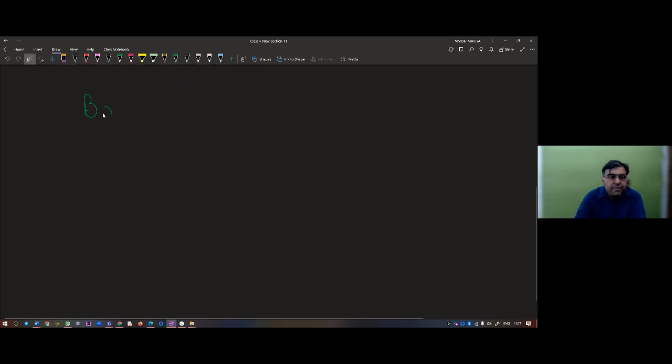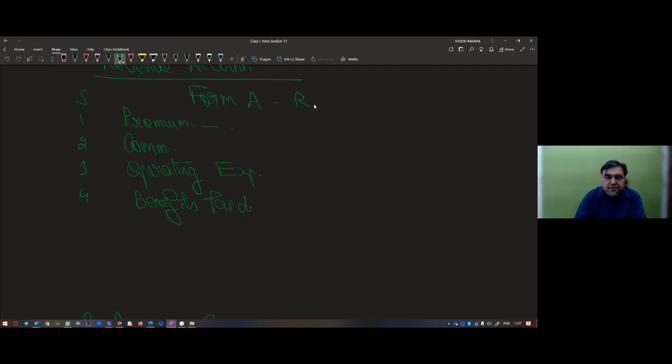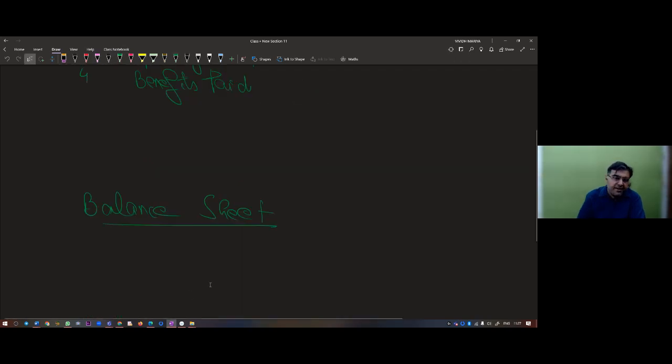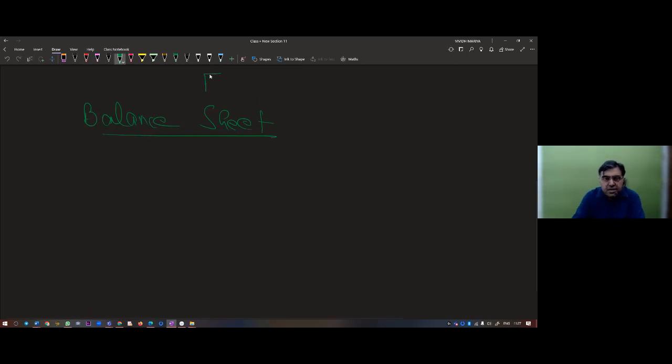I come to the balance sheet. The revenue account pro forma for life insurance is Form A. Revenue account is RA. The pro forma we have seen, we'll see it again. Form A, BS for balance sheet. Schedule numbers are 5, 6, 7, roughly.